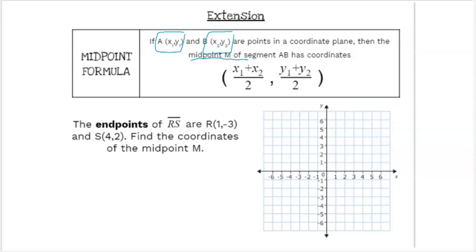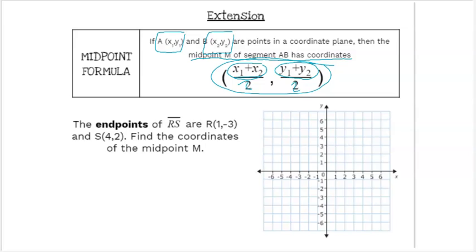Then the midpoint M of segment AB has these coordinates: the sum of your two x values divided by 2, and the sum of your y values divided by 2. Remember, the midpoint cuts in half, so it makes sense that we would divide by 2. So we're really just finding the average of the 2 points.